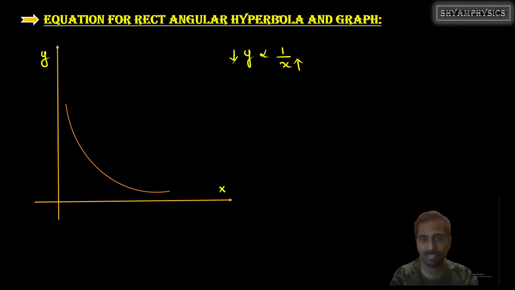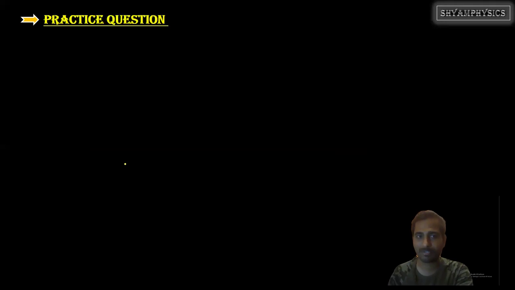Don't go with your hyperbolic graph. Okay, no problem. Look here. As x is increasing, the y value keeps on decreasing. That nature of graph is explained for you. Whenever you get such terms in physics, the graph has to become like this. Hope it is clear to everyone.